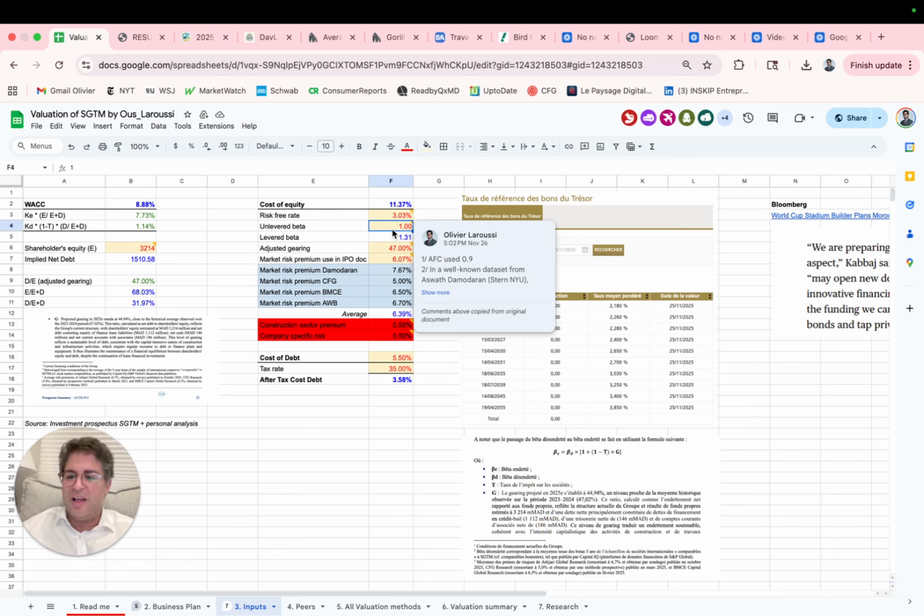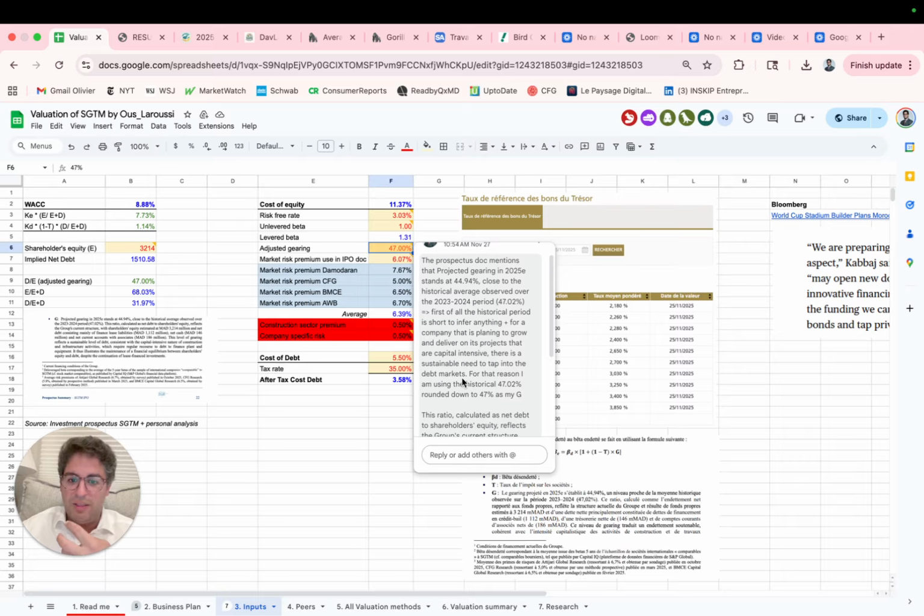Well, first of all, I do think that the historical period is too short to infer anything. But for a company that is planning to grow and deliver on its projects that are capital intensive, there is a sustainable need to tap into the debt markets. And for that reason, I am using the historical 47.02%, which I rounded down to 47, as my gearing ratio.